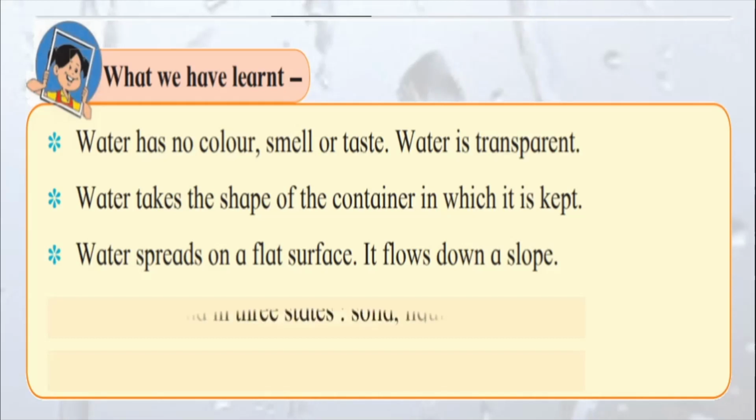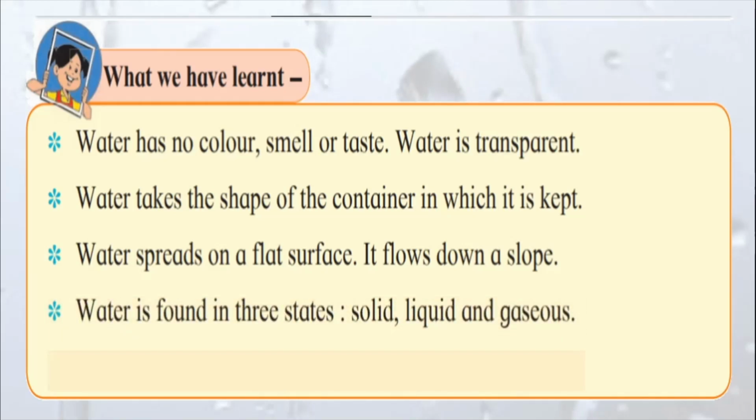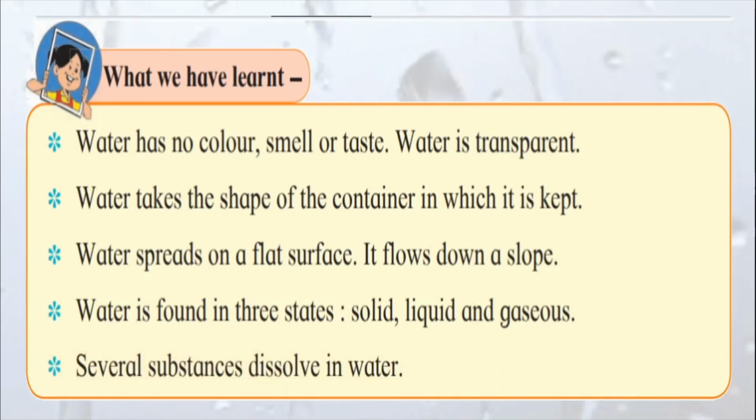Okay, after that we saw that water is found in 3 states: solid, liquid and gaseous state. Finally, we learned that there are a very large number of substances, like for example sugar, salt, haldi or turmeric, gud or jaggery, which dissolve in water.